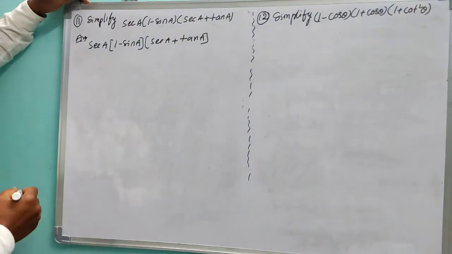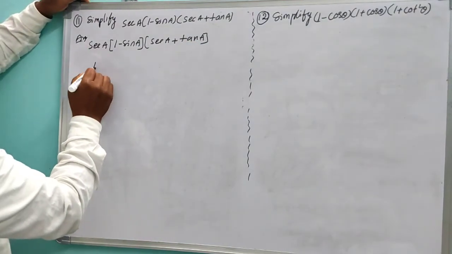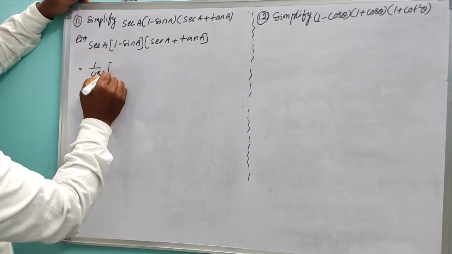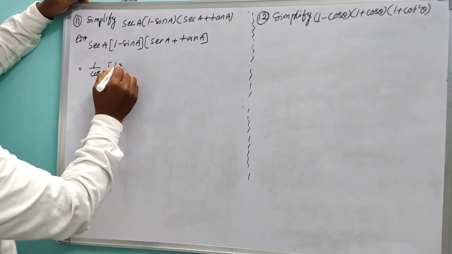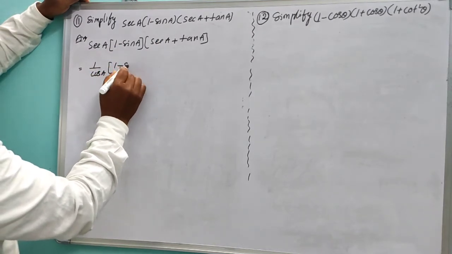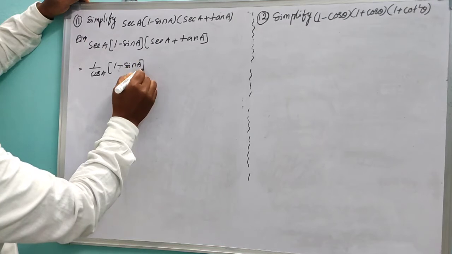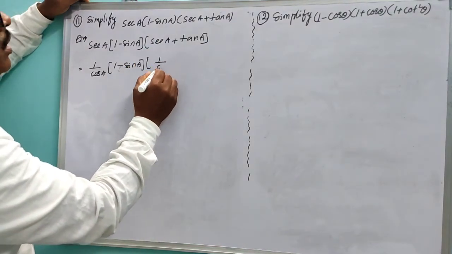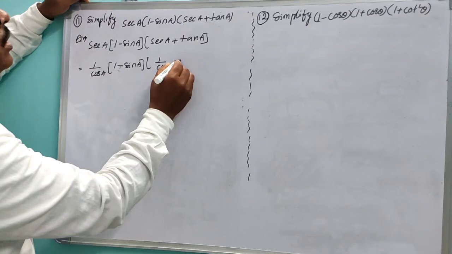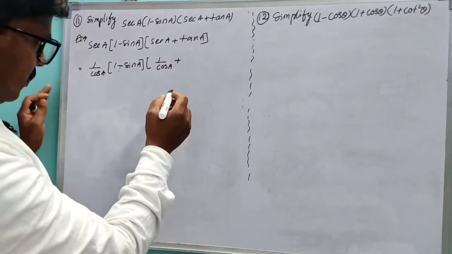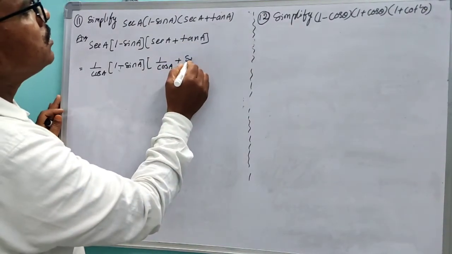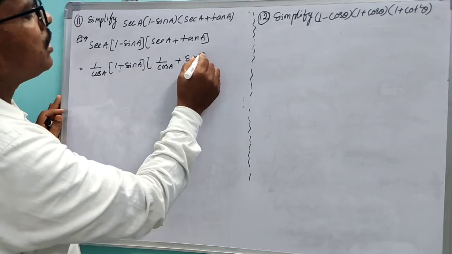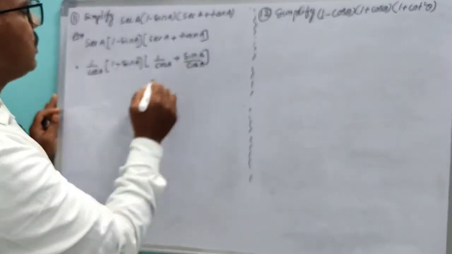Sec A is 1 by cos A, and this is 1 minus sin A, put as it is, and this is 1 by cos A plus sin A by cos A. Tan A is equal to sin A by cos A.